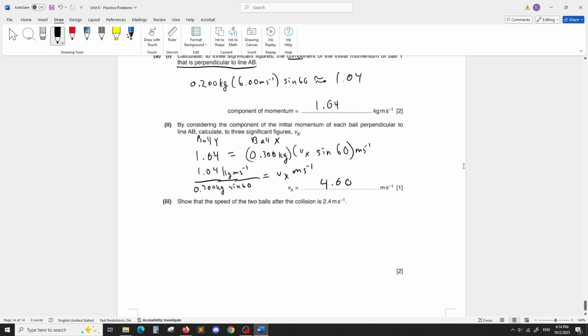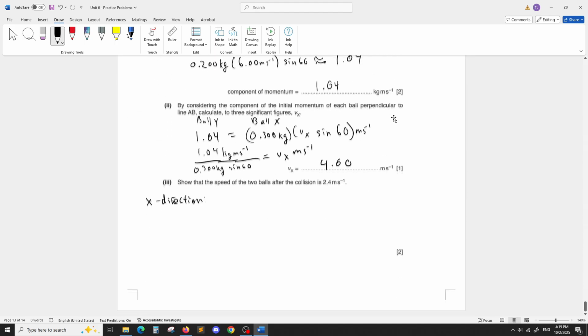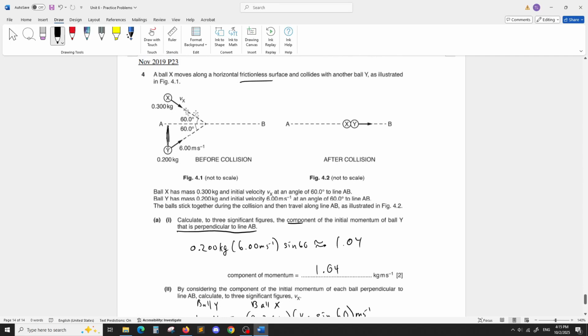Either way, we can compute this using momentum, but using it in the x direction. So initially, our x direction is going to be mass 0.300 kg times cosine 60, and then the same thing for the other one.